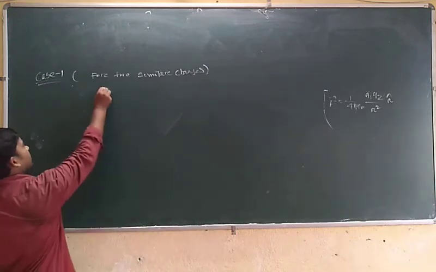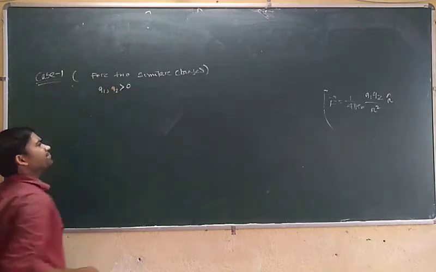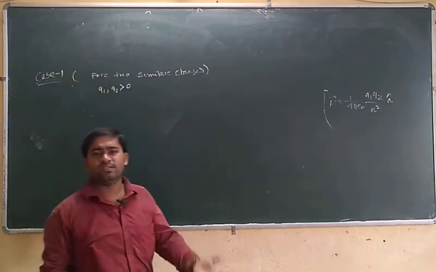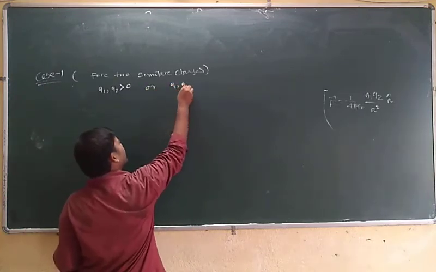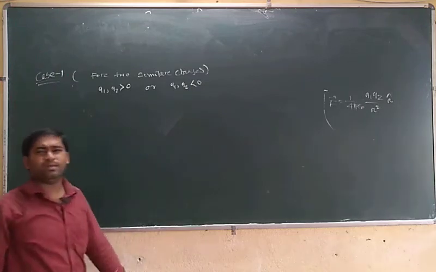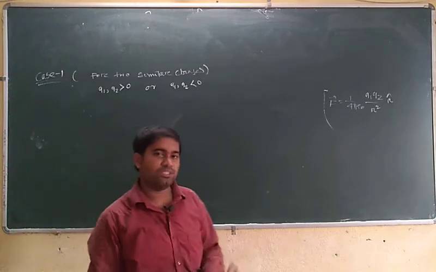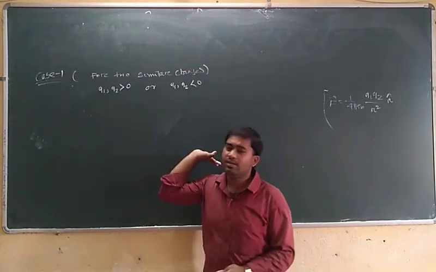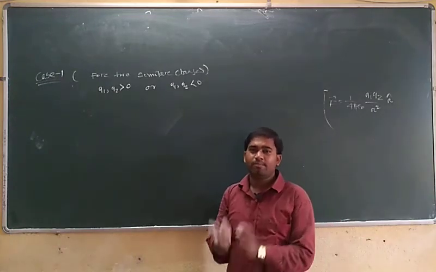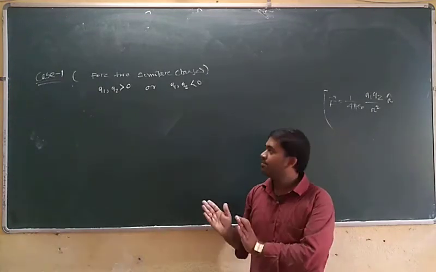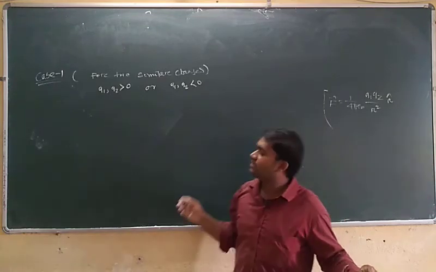Two charges of the same sign means either q1, q2 greater than 0, both charges positive, or q1, q2 less than 0, both negative. Both charges have to take the same sign, plus plus or minus minus. So suppose we write Coulomb's law in vector form for two similar charges.